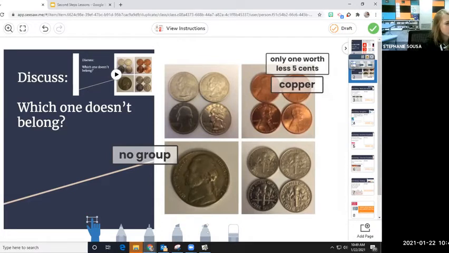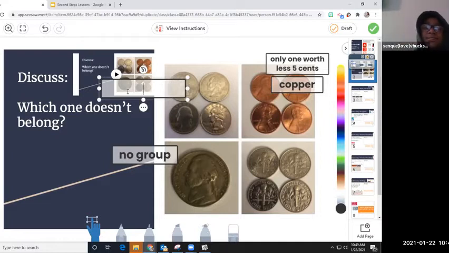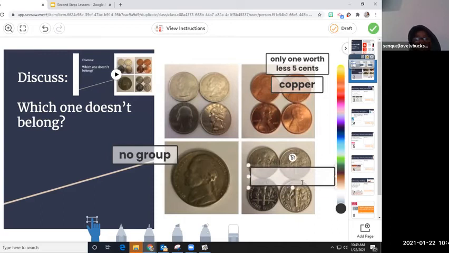Sin Q, which one doesn't belong? I'm thinking dimes because they're not facing forward. They're not what? Say it again, Sin Q. Oh, facing forward.